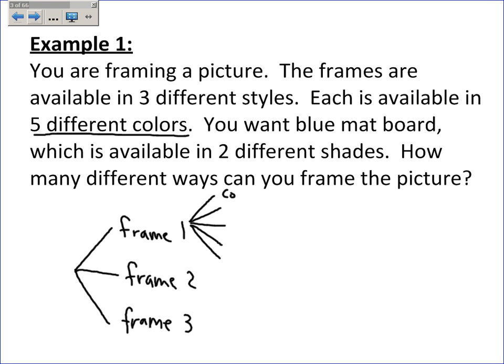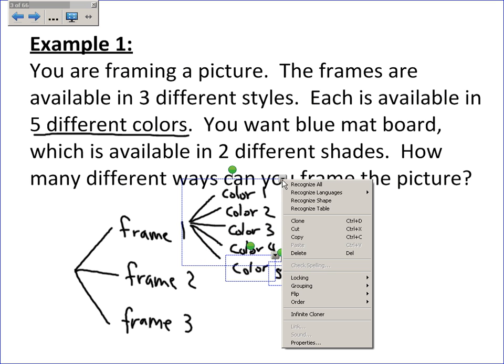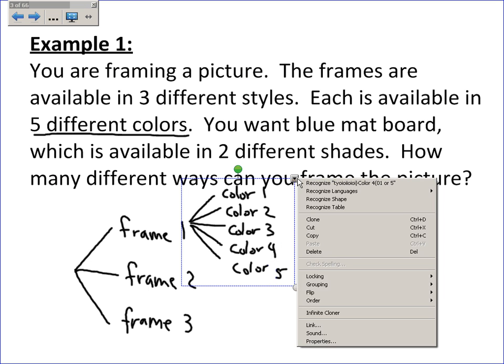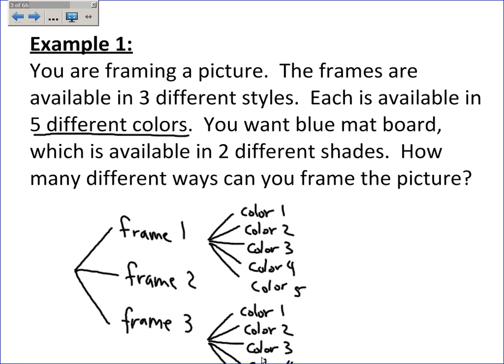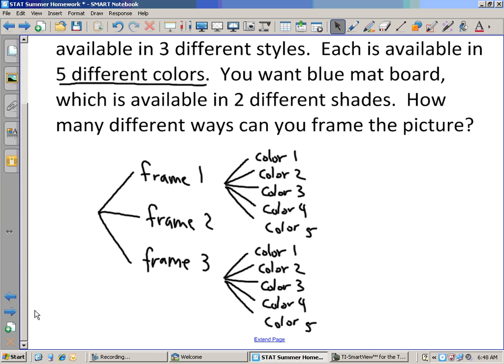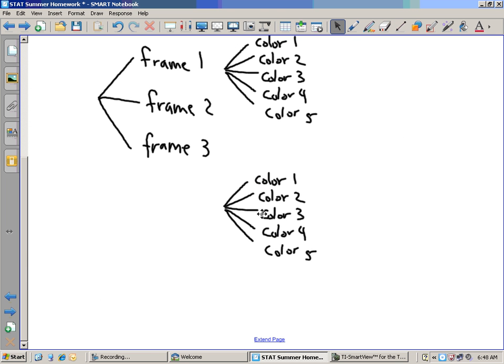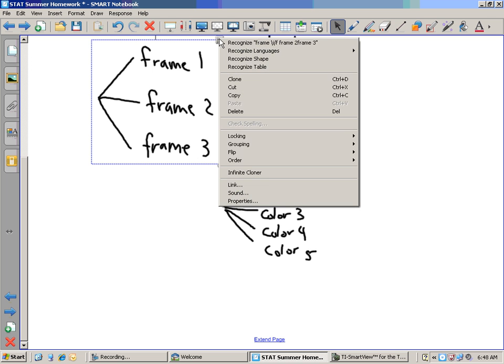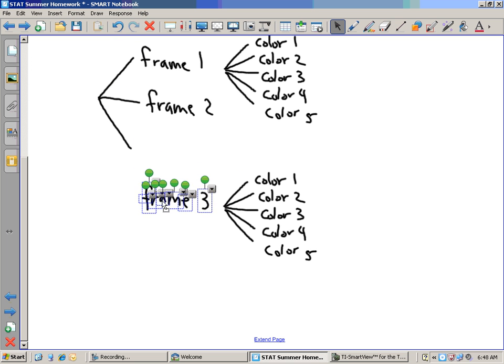So I have color 1, color 2, and so on. Now, that's not only for frame 1. Those 5 colors could also be chosen for frame 2 or frame 3.